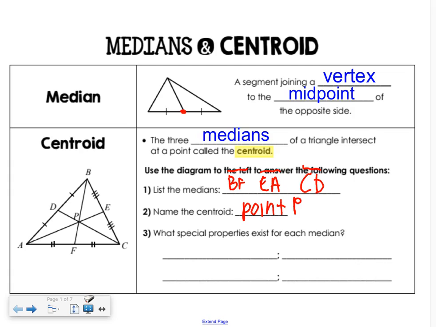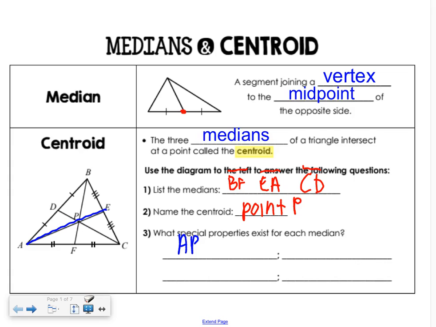And then this centroid breaks our median into two different parts. So let's look at this one here. So here's my median AE, right guys? So point P splits it up. From A to P, let's write that. So from your vertex to the centroid, it's 2/3 of the whole thing.